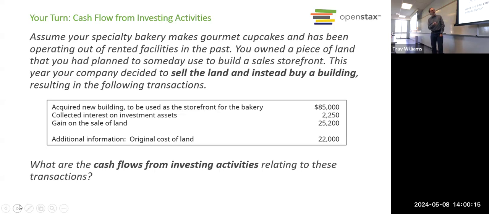We collected interest on investment assets, $2,250. And we made a gain on the sale of the land, $25,200. The land originally cost us $22,000. Okay. What would be our investing cash flow based on these transactions?